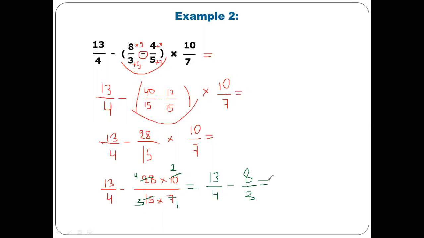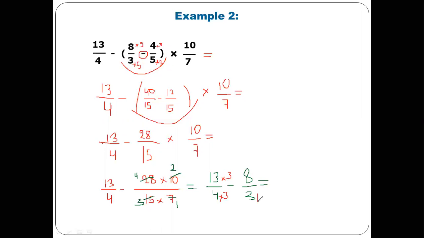I also stop and think how I should subtract these two fractions. In order to subtract these two fractions, I should make same denominator. So I have to multiply by 3 up and down.